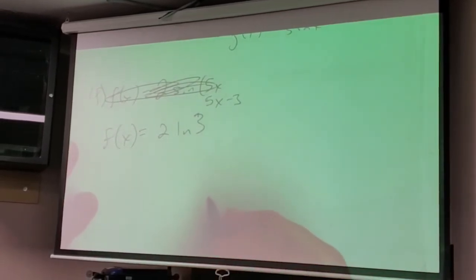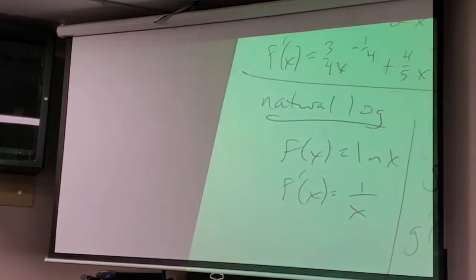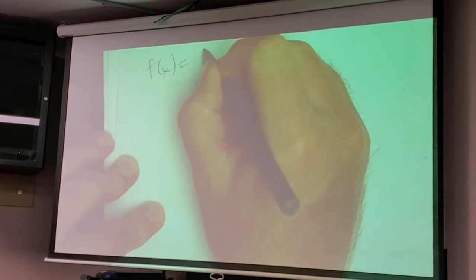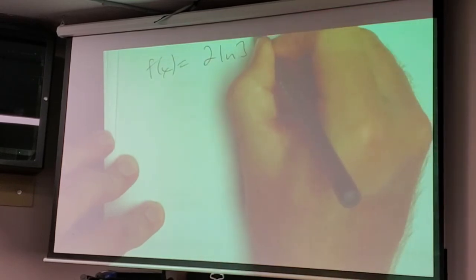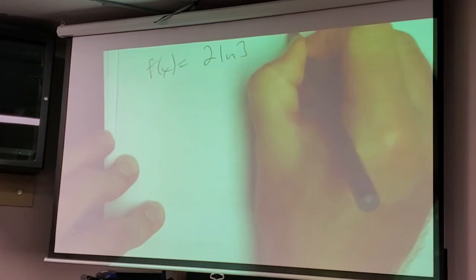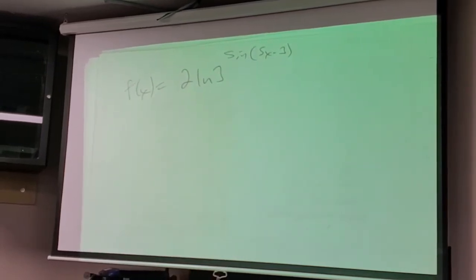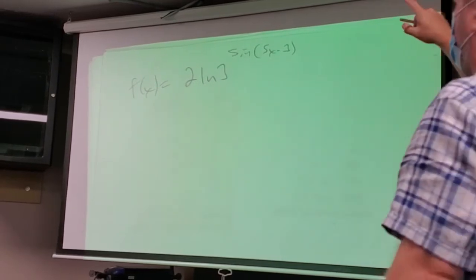All right, I got you. Let me try again. I'm trying to work backwards from my answer key, so it's not going so well. Hold on. Okay, I see what it was. 2 ln 3 to the sine of 5x minus 3. That? Okay, thank you.